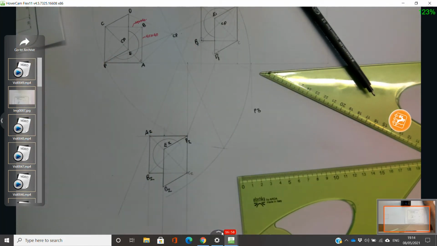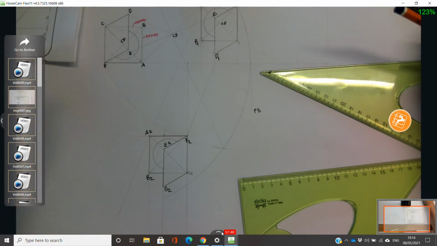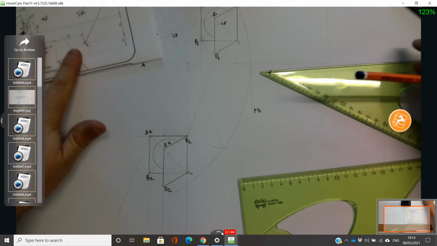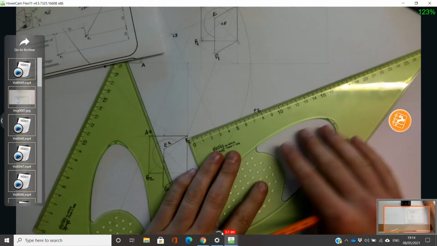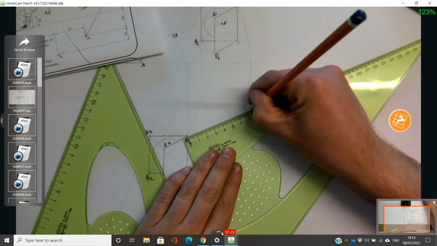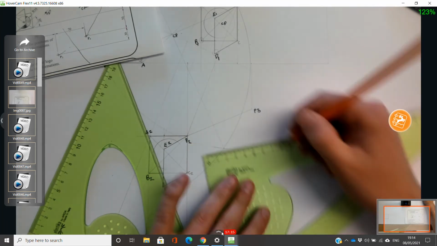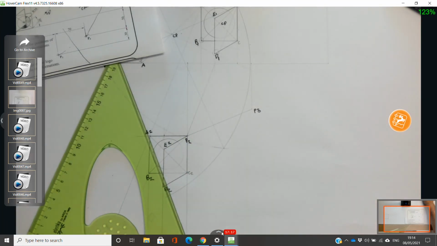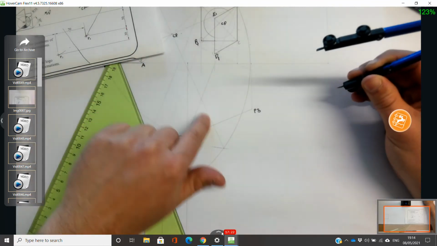Okay, and then P2 to P3 is axial symmetry. Axial symmetry from P2 to P3. So I'm going to have to join P2 to P3. I'm going to have to bisect the angle. I have to bisect, or sorry, not the angle. I'm going to have to bisect the line. Don't mix it up with the old one.